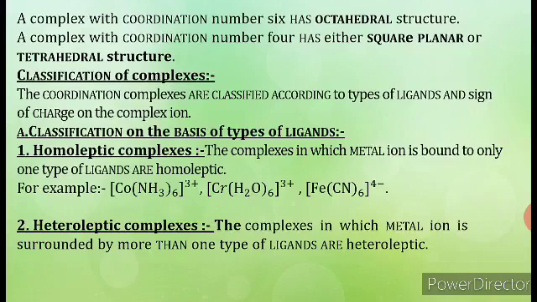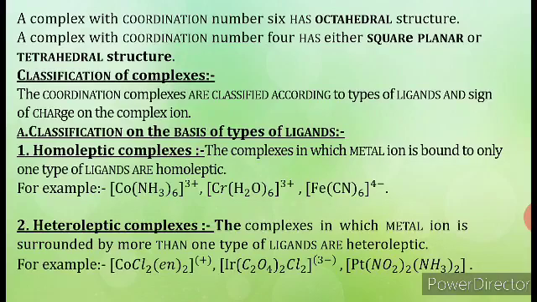Like the first example, dichlorobis(ethylenediamine)cobalt(III) ion. Okay, see here, two types of ligands are present, chloride as well as ethylenediamine.